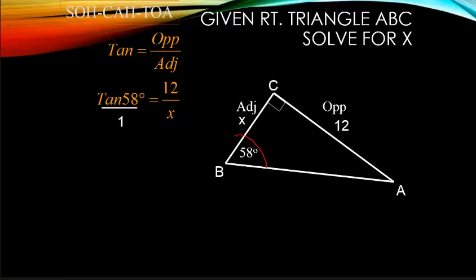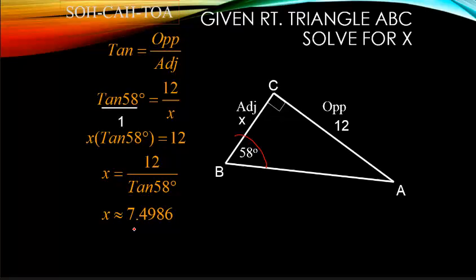Make a fraction out of it if you need to. Cross multiply. Are we going to multiply or divide to find x? We have to divide by tangent of 58. Punch it in your calculator, or you can find your decimal first. Either way, you should get 7.4986.